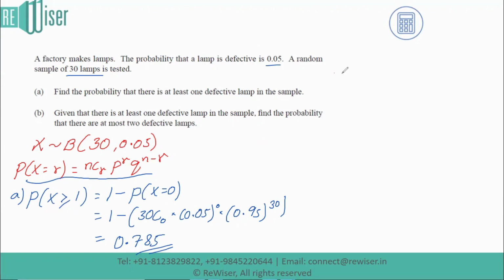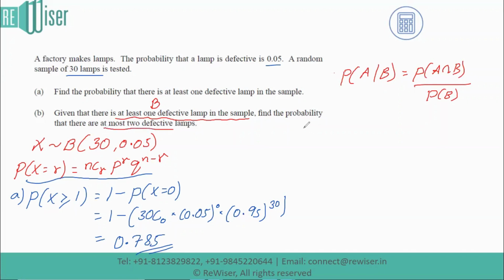The conditional probability formula, for A given B, is the probability of A intersection B divided by the probability of B. Here the given is that at least one lamp in the sample is defective, so this will be my event B. And we need the probability that at most 2 lamps are defective, which means X is less than or equal to 2, given that X is greater than or equal to 1. That represents the at least 1.